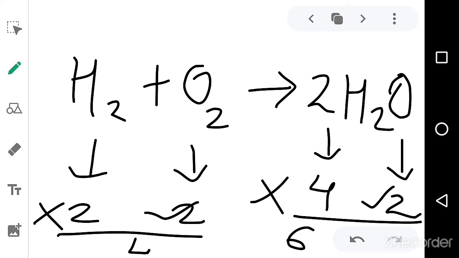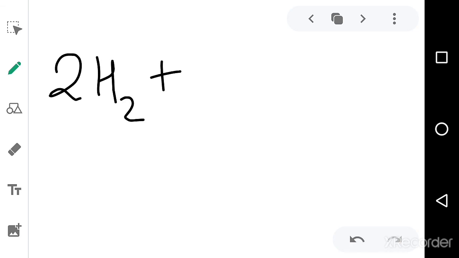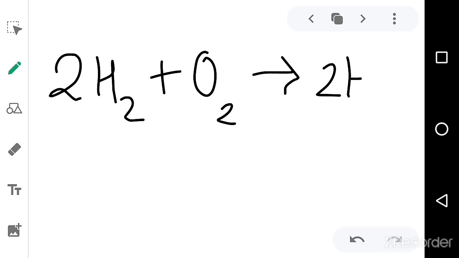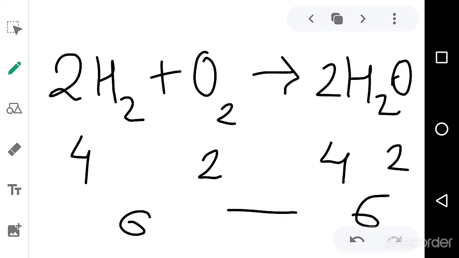So we have to add a number at the reactant side. This time we will write 2H2 plus O2 gives 2H2O. Now you can see hydrogen becomes 4, oxygen becomes 2, and here again hydrogen becomes 4 and oxygen becomes 2, total 6 and total 6.